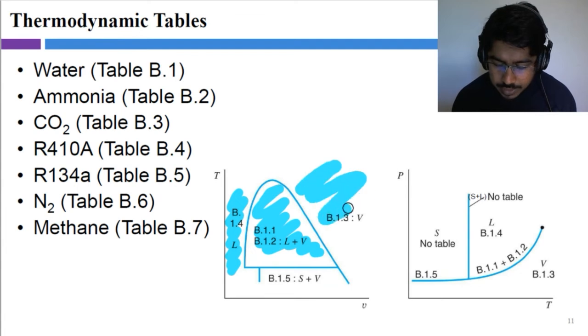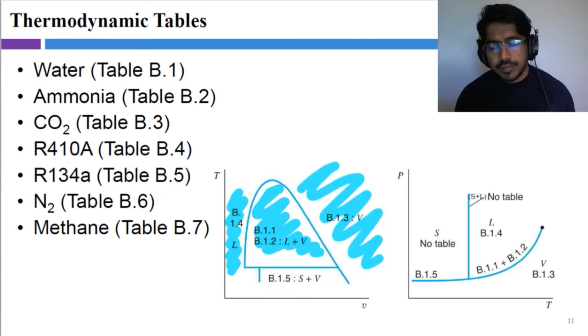For the superheated region, you have this table. I'm not going to go into each and every table with you, saying this is B 1.1, 1.2, because that's not going to help. But when you are trying to solve a problem, please look into the appropriate table. If it is compressed liquid, the table says it's compressed liquid. You don't have to remember B 1.3 or whatsoever.